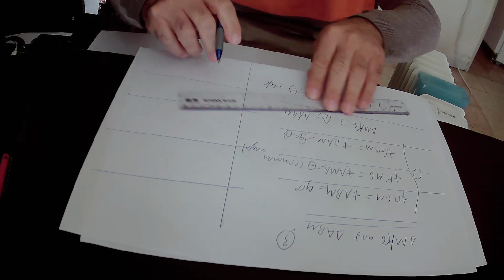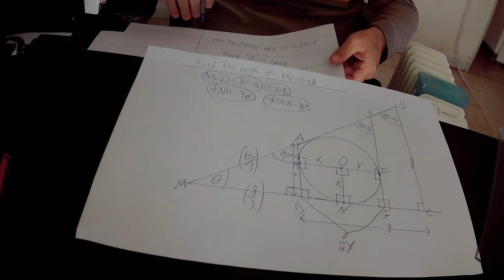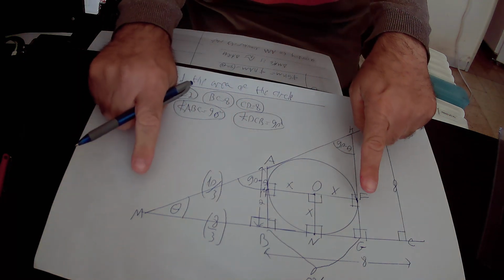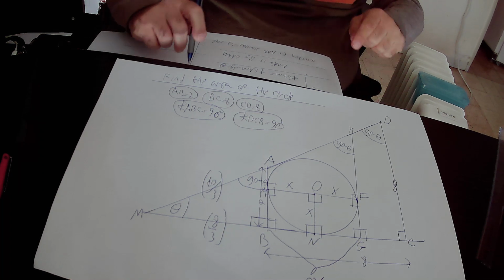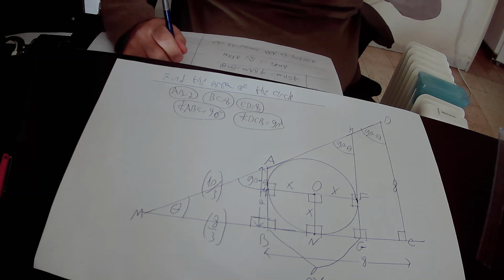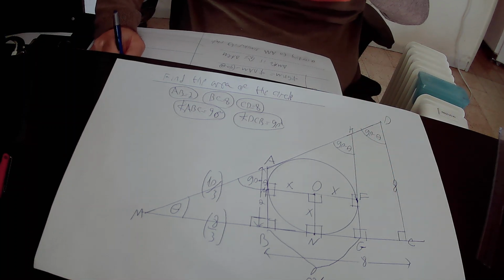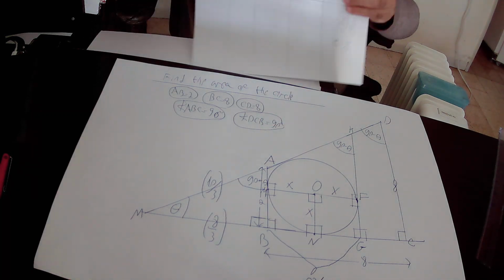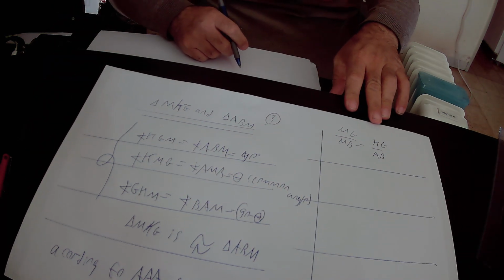And from the fact that the two triangles are similar to each other, we conclude that the following relationship exists between their sides. MG in the big triangle over MB in the small triangle equals KG in the big triangle over AB in the small triangle. Again, MG over MB equals KG over AB.